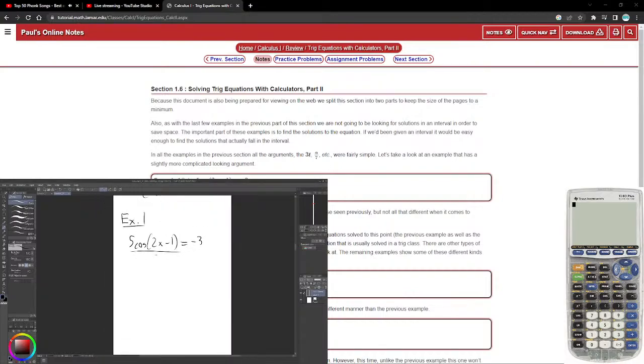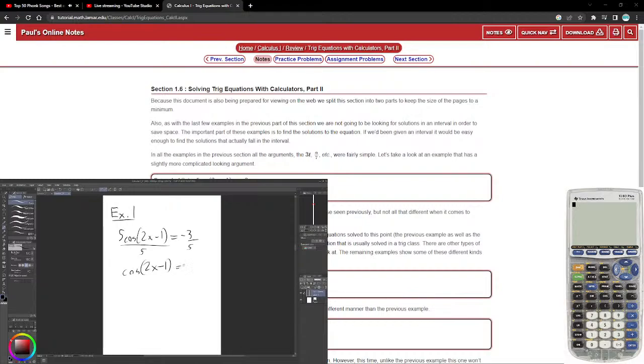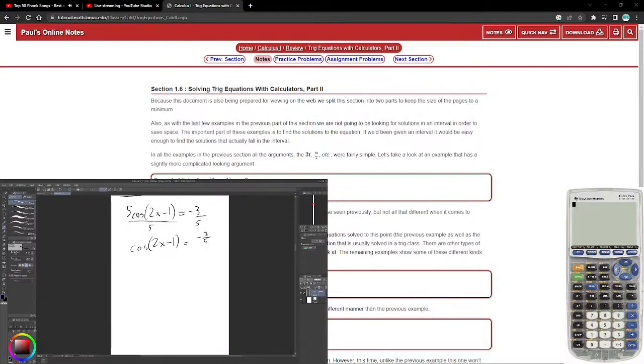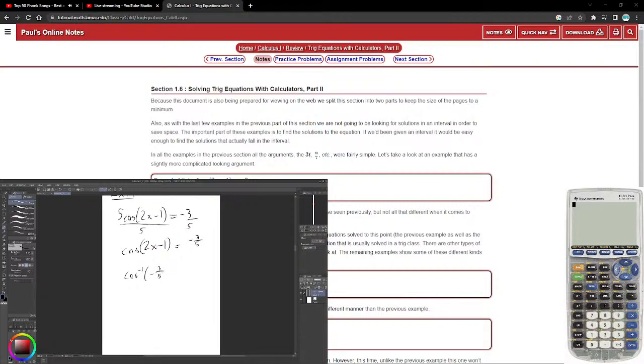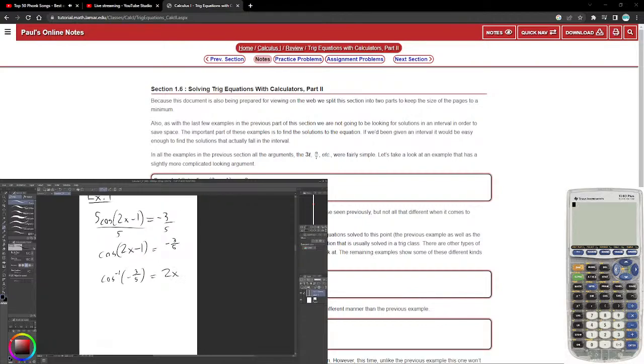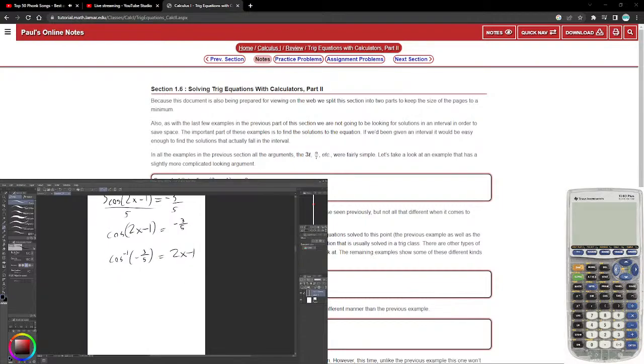So first, going to divide by 5 on both sides. Cos 2x minus 1 equals -3/5. Cos inverse of -3 over 5 equals 2x minus 1. I gotta find that.